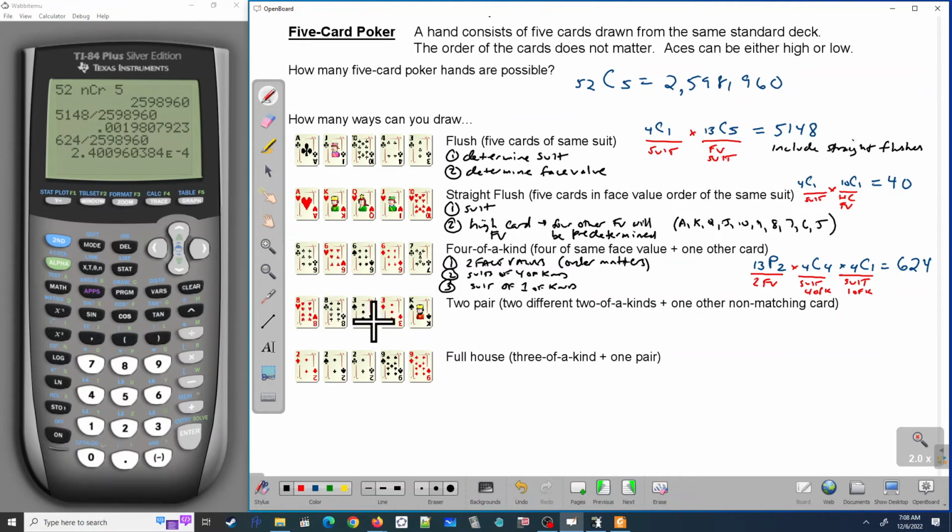But the key is, since it's a pair of each and they have the same number, would it have made a difference if I would have put the 3s before the 8s? And the answer is no. I mean, in terms of ranking, we would say the 8s are higher, but in terms of the actual hand itself, 2 8s followed by 2 3s is still going to be the same as 2 3s followed by 2 8s. So when I choose my two face values, I'm going to abbreviate this with FV, order does not matter.